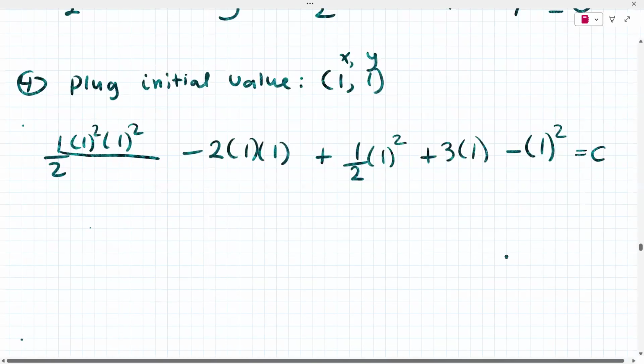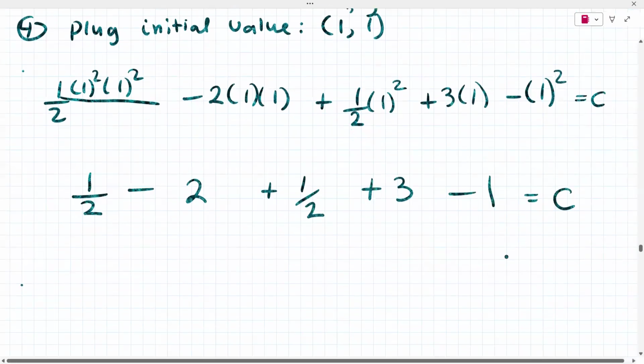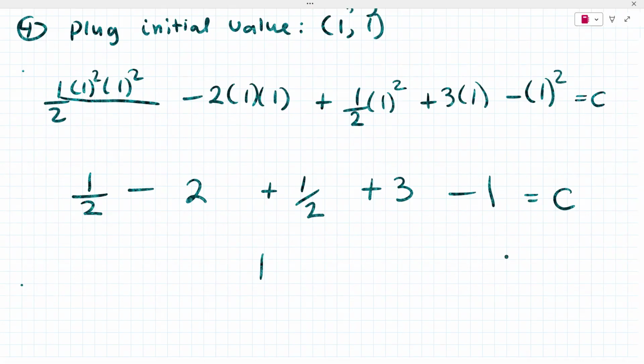So it's 1/2 minus 2 plus 1/2 plus 3 minus 1, and if you calculate that, it gives you 1. So 1 equals c.